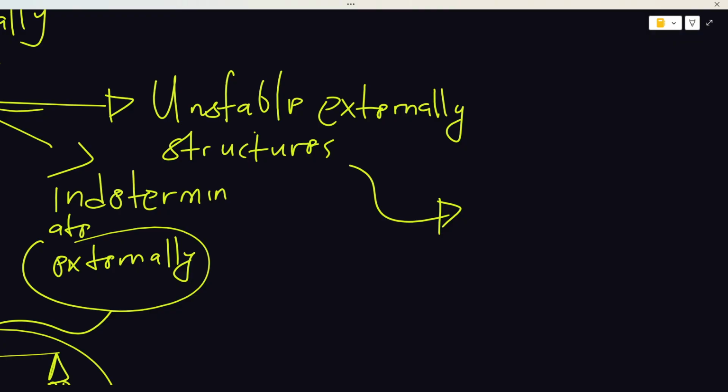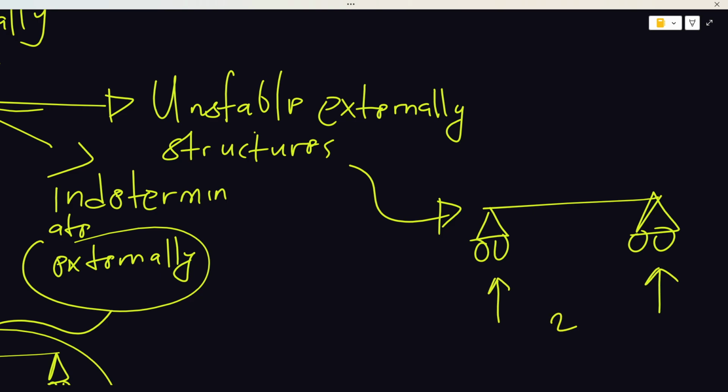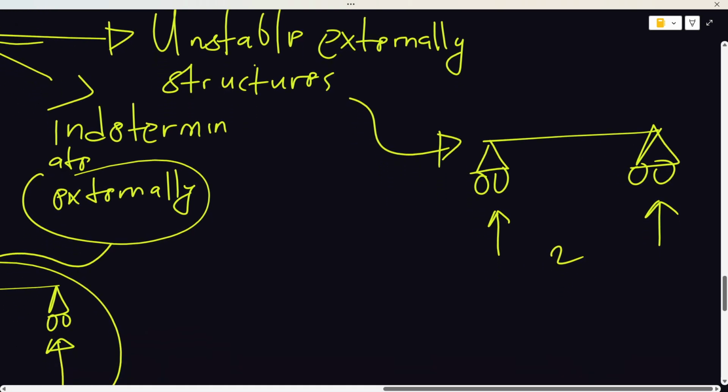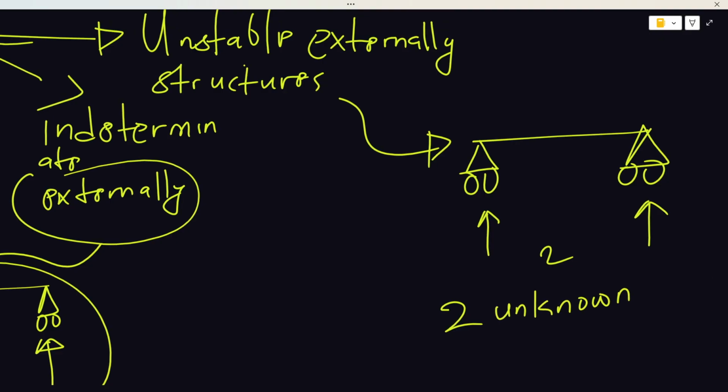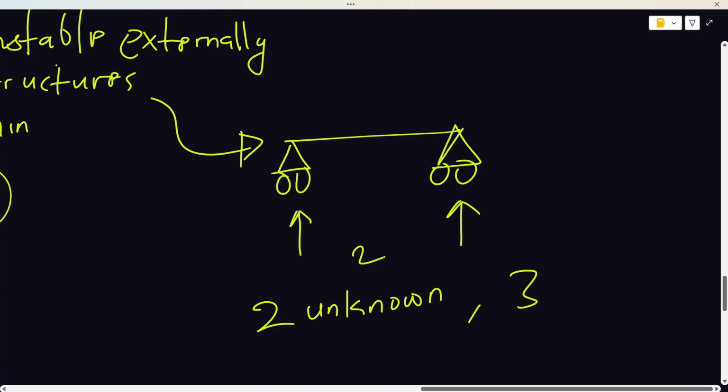Now, an unstable structure is basically the structure that just has, let's say, a structure like this. It has two reactions, for instance. So, of course, two reactions, two unknowns. But we have 3 equations.